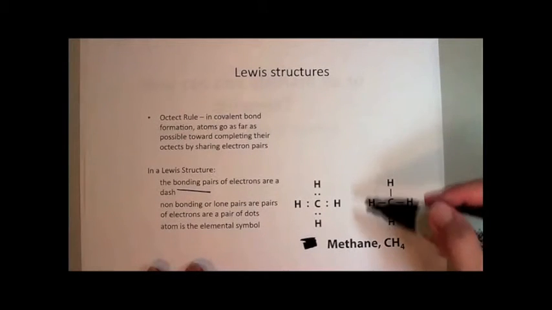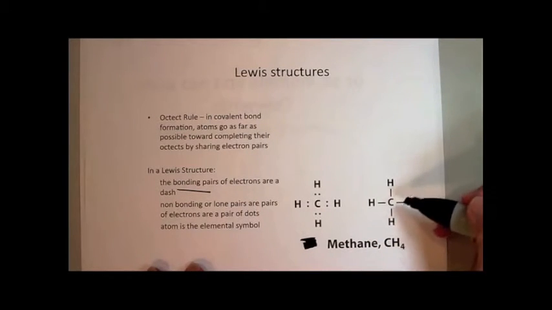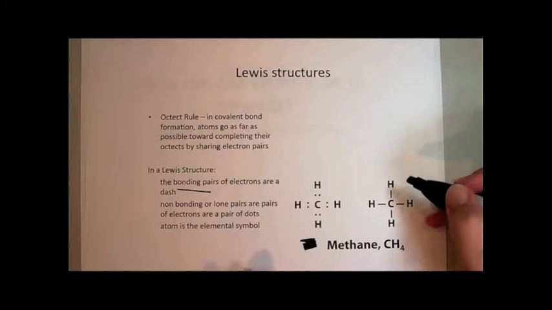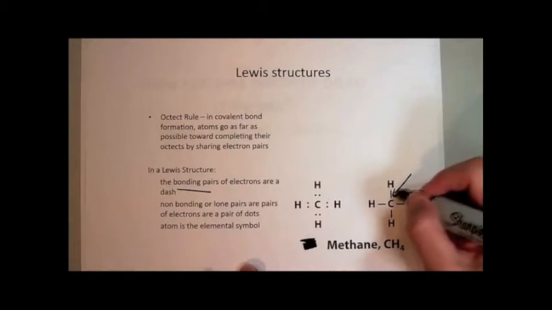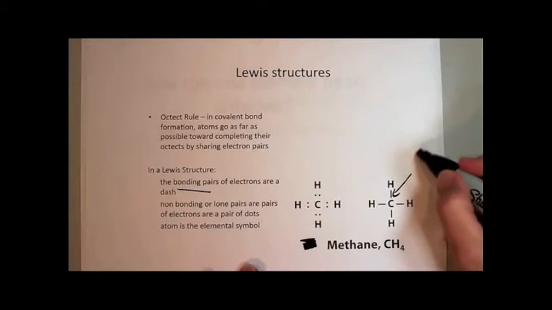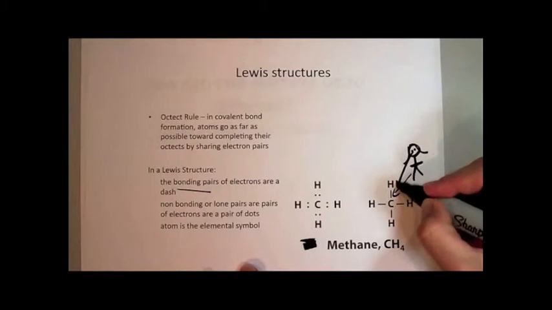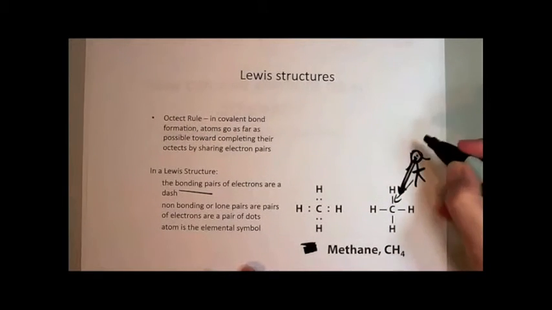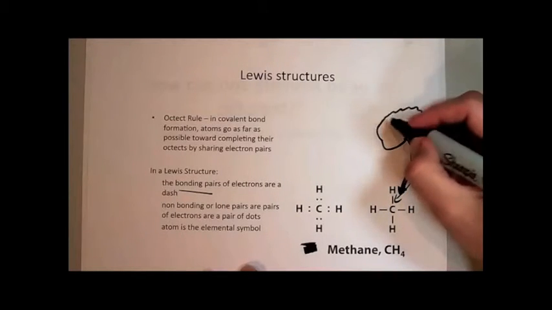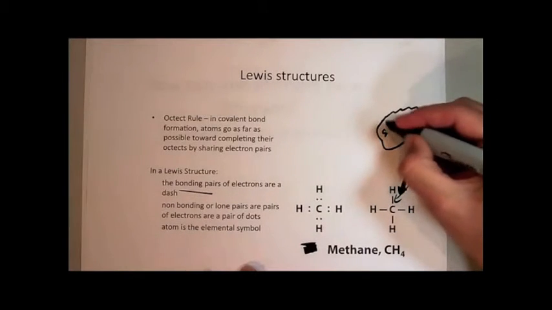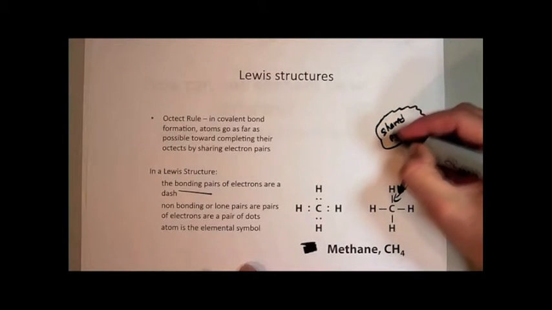This is the way that these covalent bonds are formed. Now, when I look at this bond, what I'm thinking is that a dash means a shared pair of electrons.